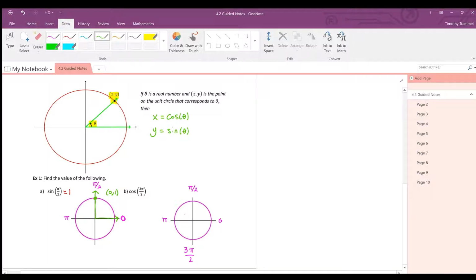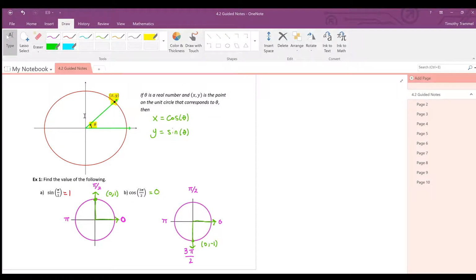Here's our initial side, and here is our terminal. We just need to know the x and y coordinate here. We've lucked out. The x coordinate is again 0, and this time the y coordinate is -1 because we're at the bottom of the unit circle, and this circle has a radius of 1. So cosine of 3 pi over 2 should be the x value here, so it should be 0.